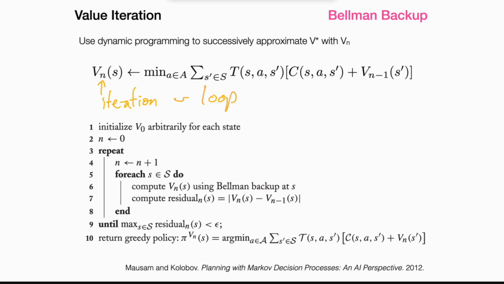If I had a for loop, every time I go through that for loop, it's an iteration. Or a repeat loop or a while loop, that's an iteration. So the idea here is we use the values at n-1 to calculate the value at iteration n.